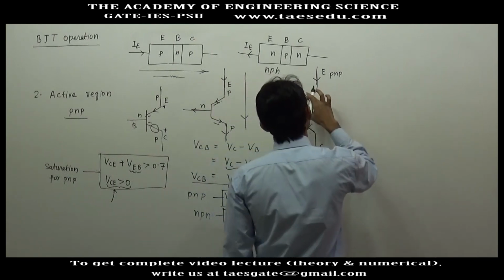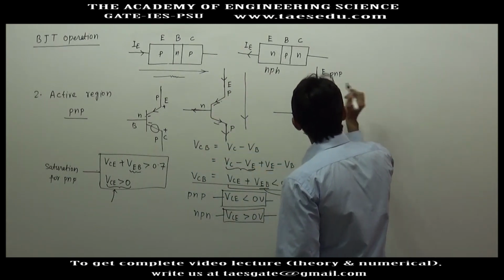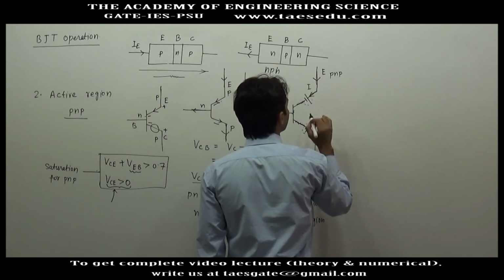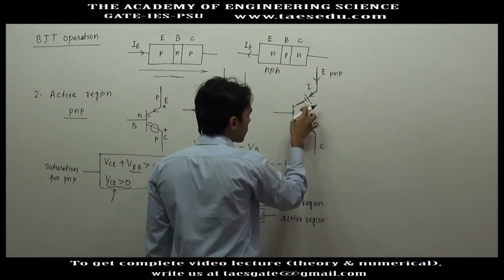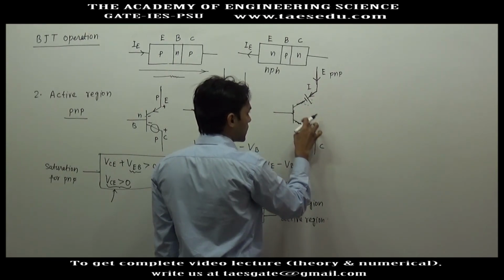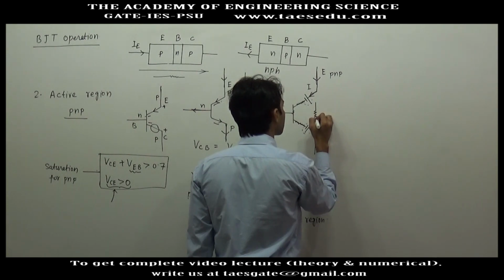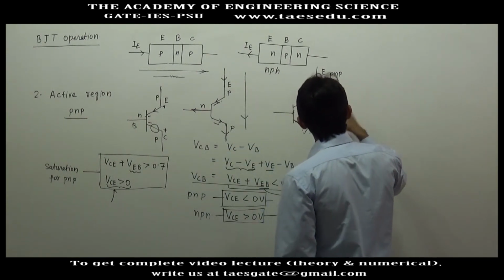Due to internal resistance, let's say some current I flows here, and collectively the total resistance is, let's say, R. So how will be the circuit?